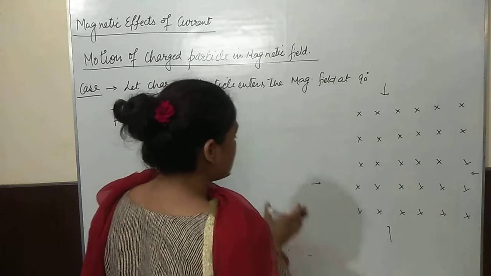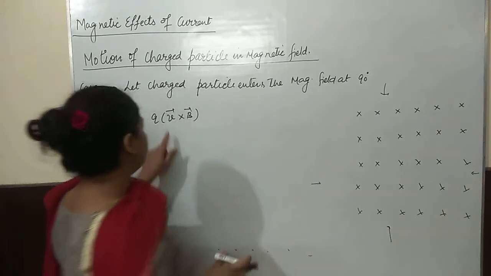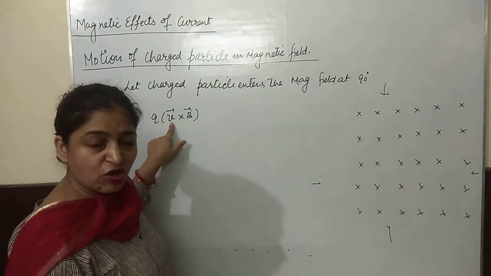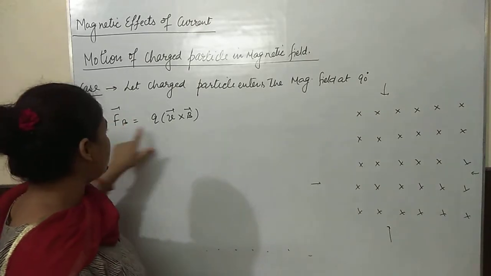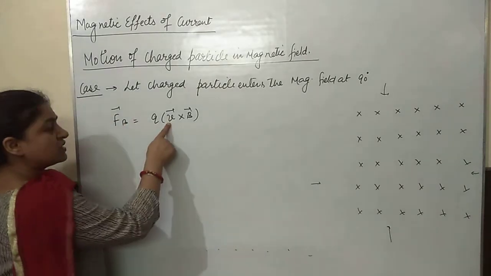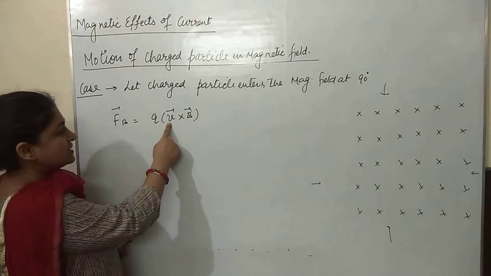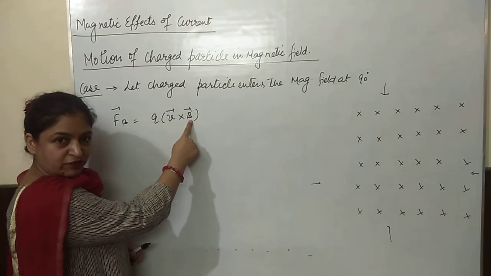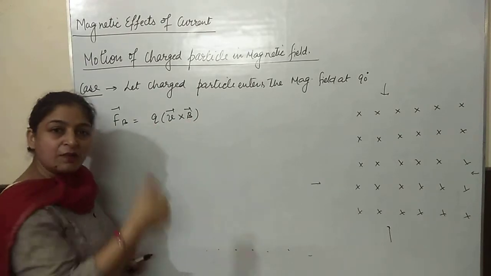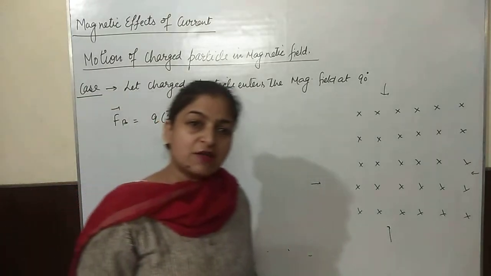Which law are we going to use to find the direction of the force? You have to stretch your fingers in the direction of velocity, curl them in the direction of the magnetic field, and the thumb will give you the direction of the magnetic force.